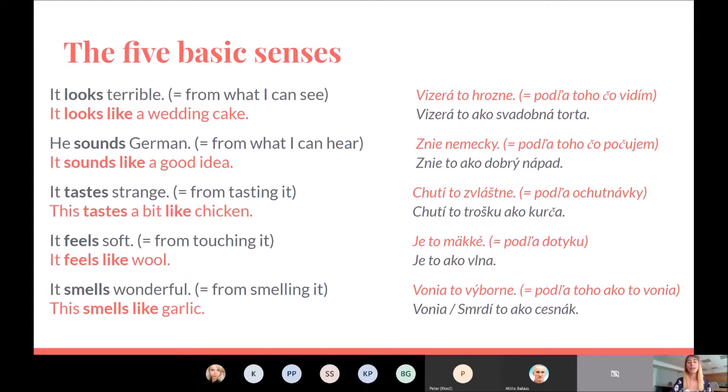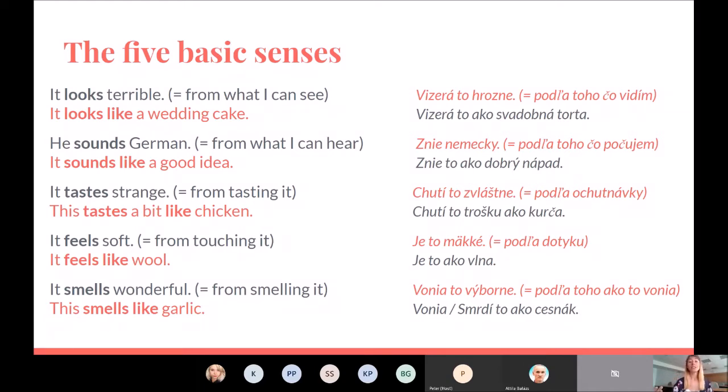It looks like a wedding cake. Or she looks like her mother. So it's not the same, but it's similar. So you can always say it looks like, or it looks good, bad, it looks interesting. We can always add some adjective.